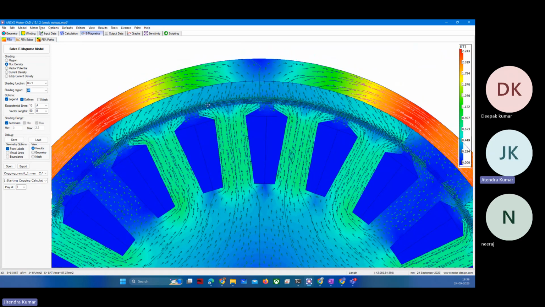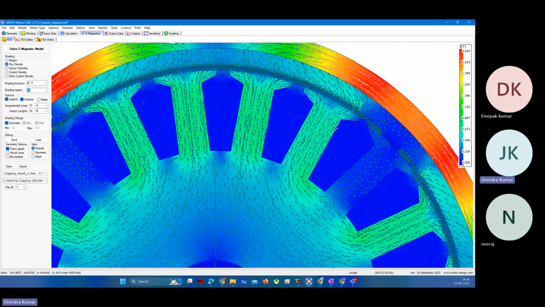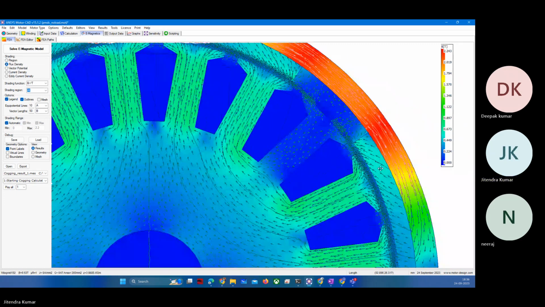Almost half of the flux is going and will link to the south pole of the magnet, and through the magnet there will be some leakage, right? There will be some leakage. They are again going back. If you ignore those leakages, most of them are coming back to the armature.